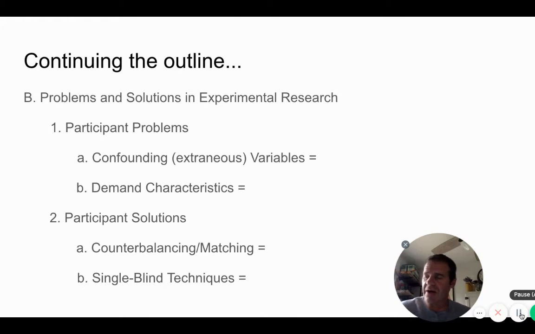Okay, so those are demand characteristics and confounding variables and how counterbalancing can fix the confounding variable. We can use what's called a single blind technique to take care of a demand characteristic. A single blind technique is when we use deception to keep the participant ignorant about the study.